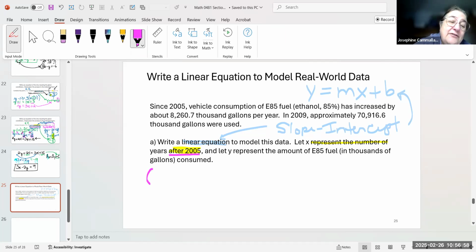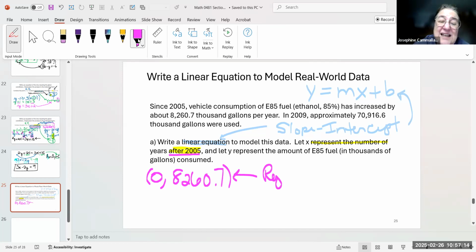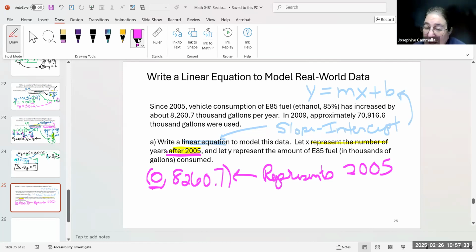This is saying one of my points is 0, and how much fuel? 8,260.7. This represents 2005. You gotta have that 0. That phrase after is telling you that you haven't kept track or done any data savings until 2005.